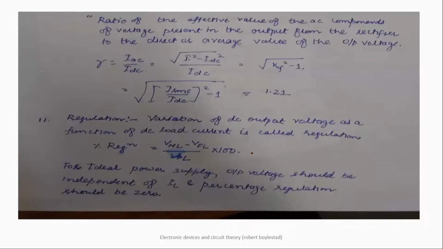Ripple factor can be defined as the ratio of the effective value of the AC components of the voltage present in the output from the rectifier to the direct or average value of the output voltage. So your AC component over the DC component. This can be directly written as the square root of form factor square minus 1. You know the value, substitute it, and you will directly get 1.21.